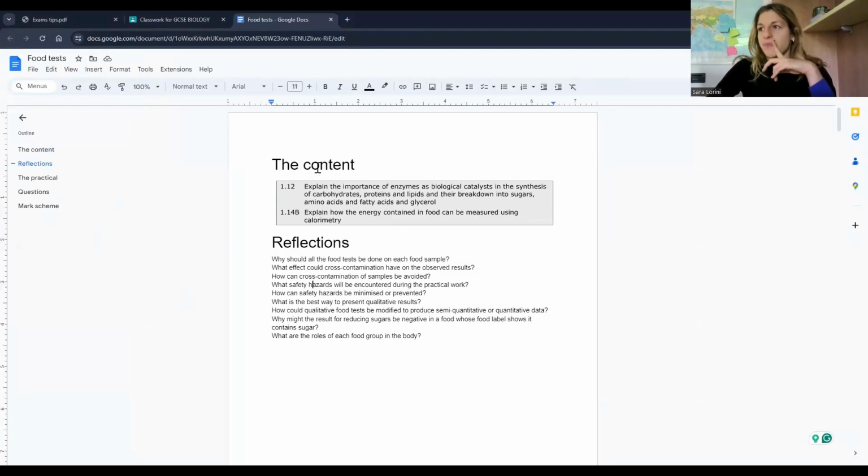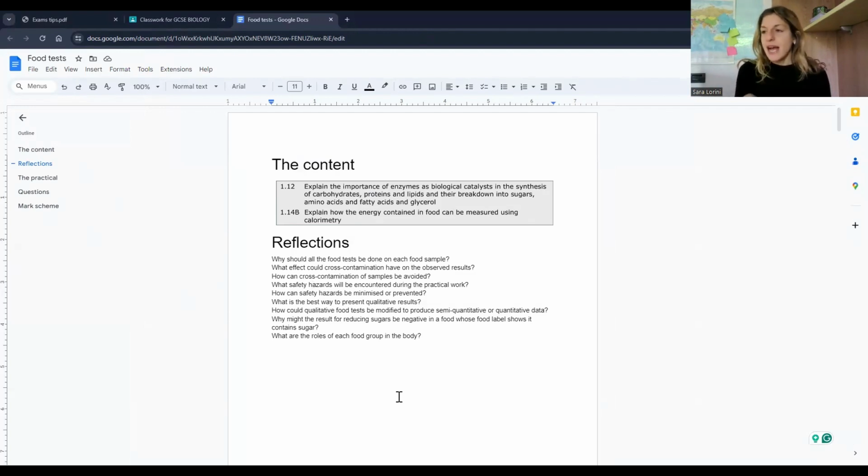This topic, food tests, is extremely important for biological molecules. Notice how it's tested: it already mentions the concept of enzymes. Enzymes are extremely important for digestion, but also in all the other metabolic reactions.